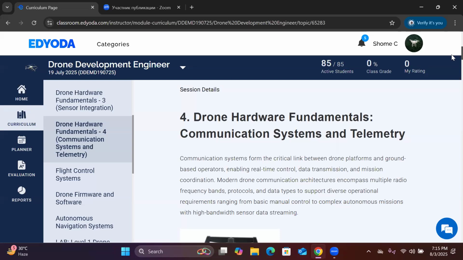I think I have told you in the earlier classes that when we receive the data at the ground control station through certain UI or interfaces, usually we check two kinds of feeds. One is the control command feed and the other is the telemetry data feed, which is basically the numeric data visible on the UI screen, apart from the surveillance video captured on a real-time basis.